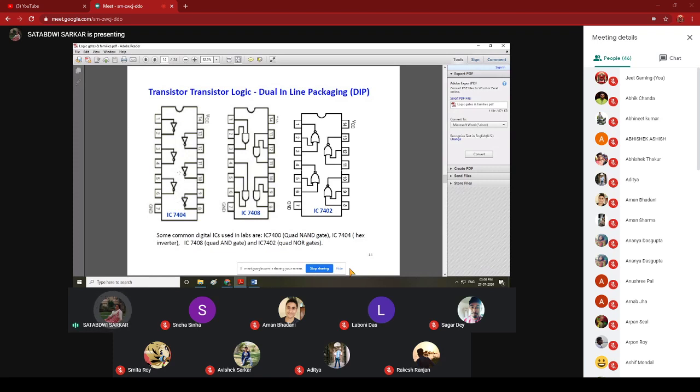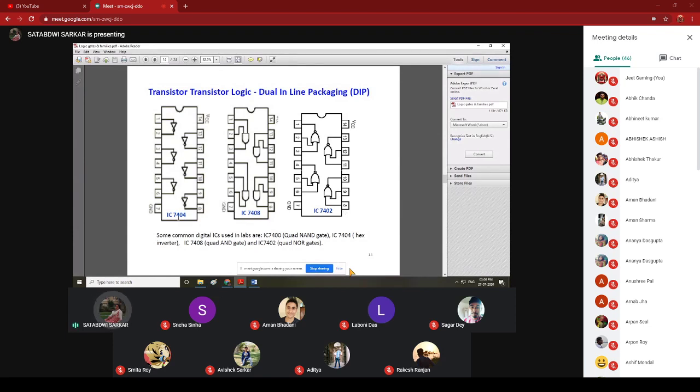Here you can see that we have six NOT gates, that is inverters. But here we have only 4 AND gates. Here also we have 4 NOR gates. But there is a difference between all the ICs and the NOR IC. 7402 is totally different.